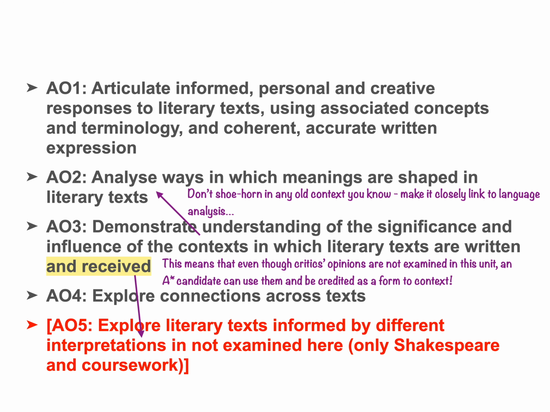Assessment Objective 1: articulate informed, personal and creative responses to literary texts using associated concepts and terminology and coherent, accurate written expression. Terminology is awarded. Don't just shoehorn it in and feature spot it.